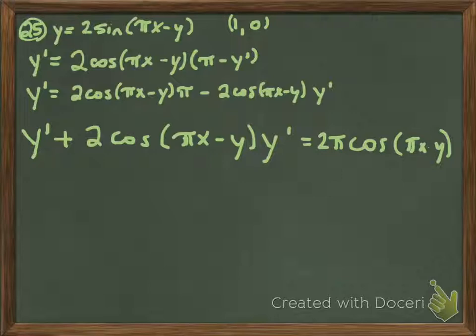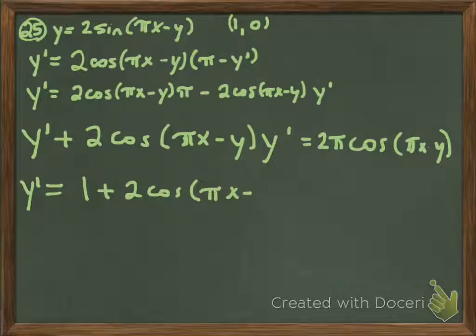Okay. So, now I need to do what? Pull out the y prime. I get y prime equals 1 plus 2 cosine pi x minus y. Why did I put equals? Why did I put the equal sign there? I need a break.